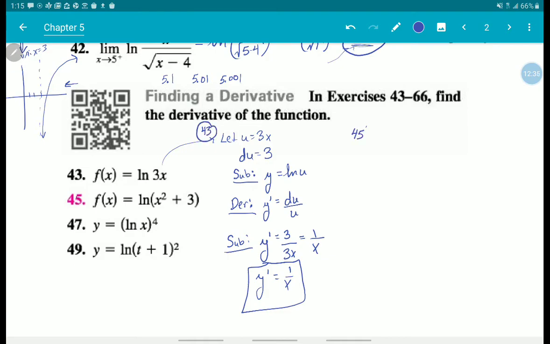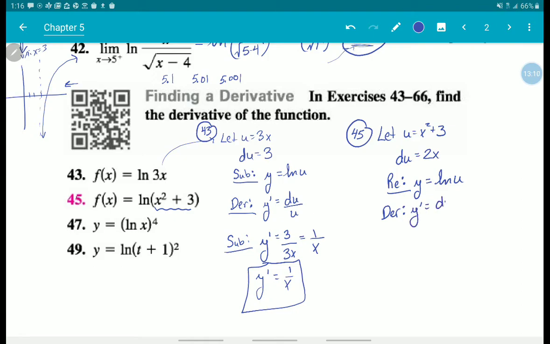Let's look at 45. We can do the same kind of thing. Let's think about what u is. We can let u be x squared plus 3. So du would be 2x. We're going to do our rewrite. The rewrite would say f of x is equal to ln of u, or we could use y. The derivative of the ln is always du over u.